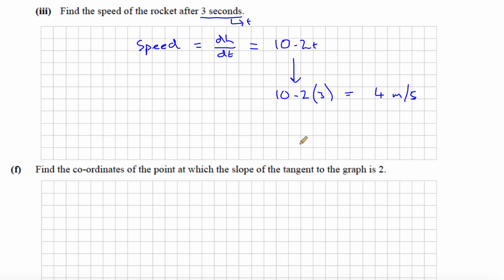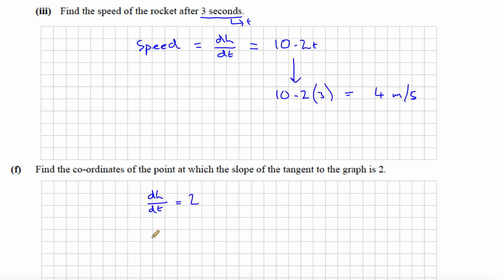Okay, and the last part F. Find the coordinates of the point at which the slope of the tangent to the graph is 2. Well, the slope of the tangent to the graph is another way to describe dh/dt. That's what dh/dt is, the slope of the tangent to the graph. So they want to know the coordinates when dh/dt is equal to 2.